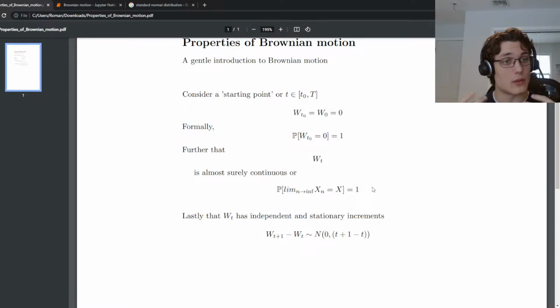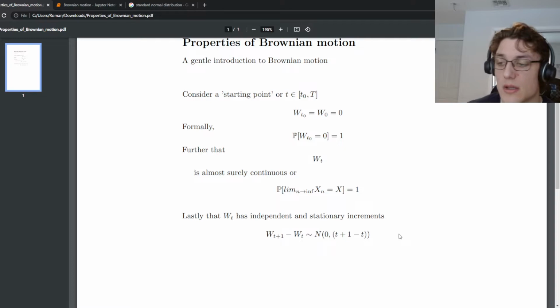And more formally, we can realize this difference in a distribution. And it's a normal distribution with a variance of the step in time. So you'll notice if we take the difference of Brownian motion at t plus 1 and t, it's going to be distributed normally with a variance of t plus 1 minus t. So it's going to be that time step. The step in time is the variance.